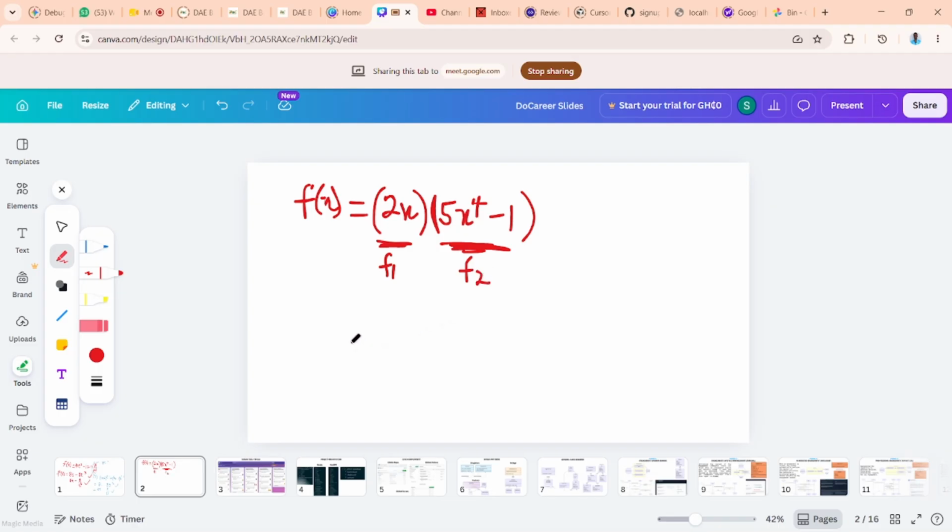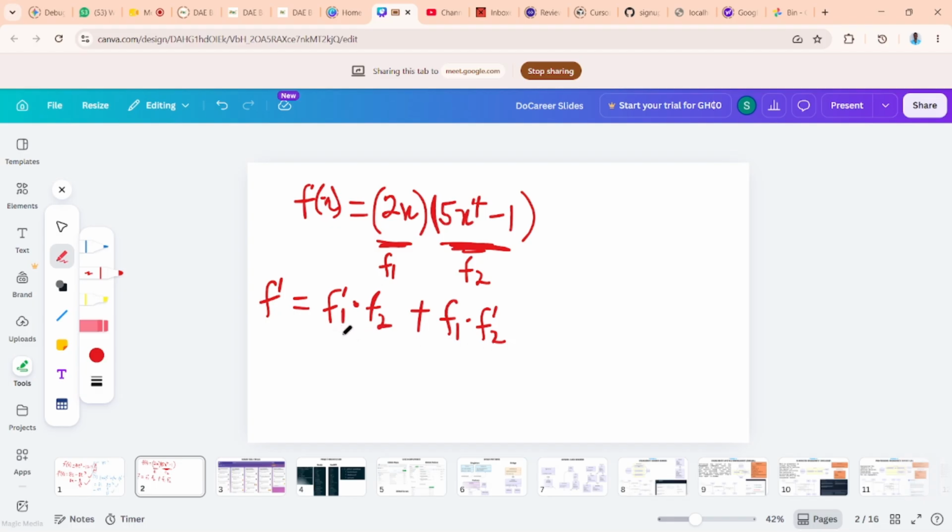To find the derivative with the product rule, you differentiate function 1, so you find f prime of function 1, and use it to multiply function 2, the undifferentiated function 2. Plus, now it's the turn of function 2 to be differentiated. So you keep function 1, then you differentiate function 2. This will be the answer.